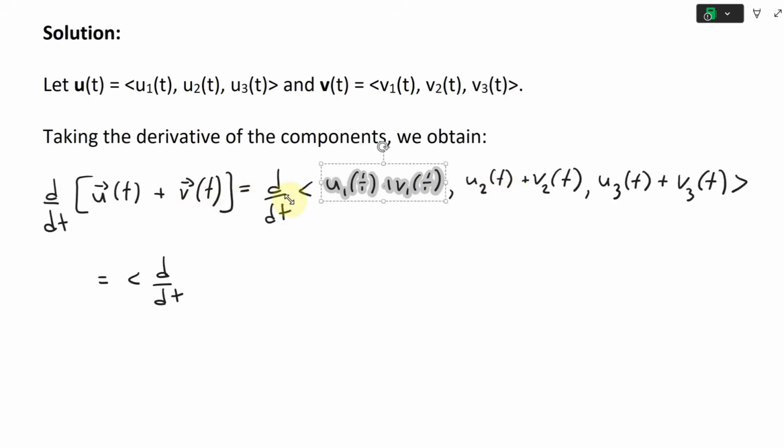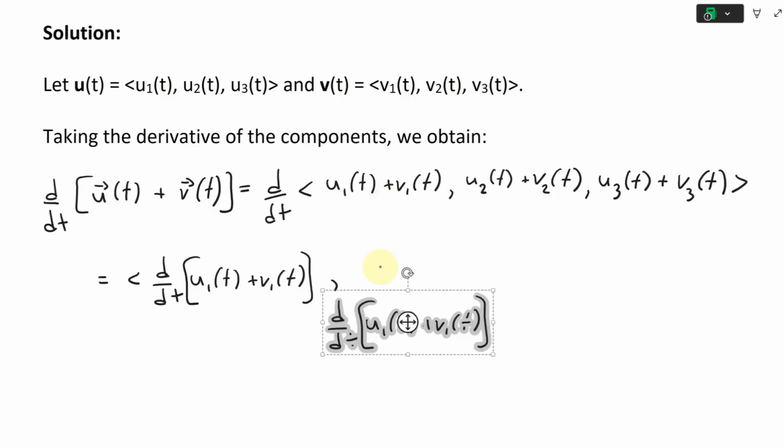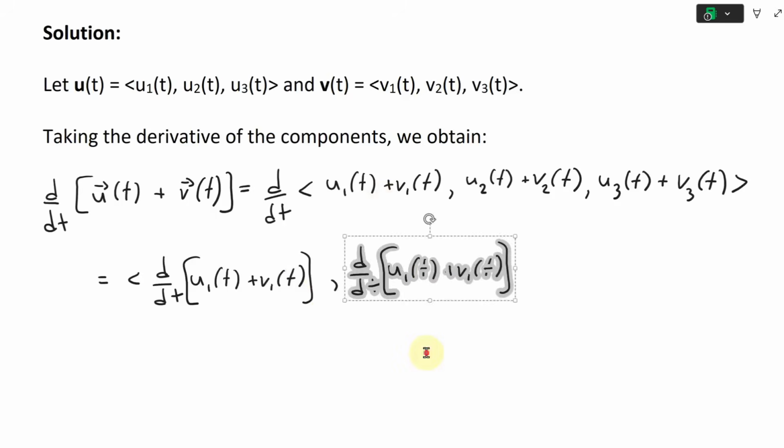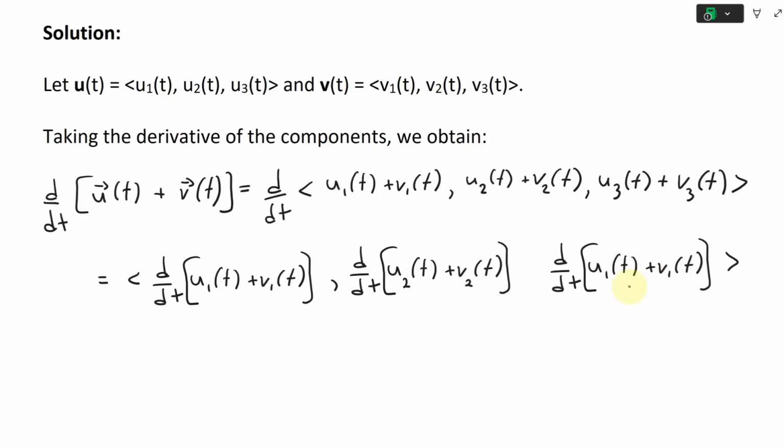Instead of writing it all out, I'll copy and paste it: d over dt of u1 plus v1, then d over dt of u2 plus v2, and then the same thing for u3 plus v3.